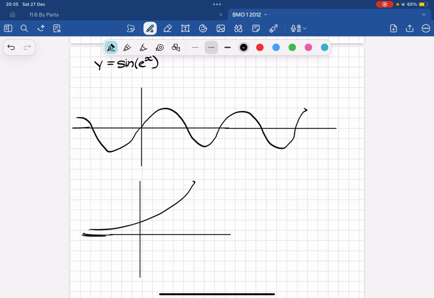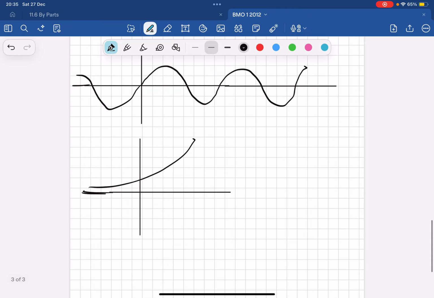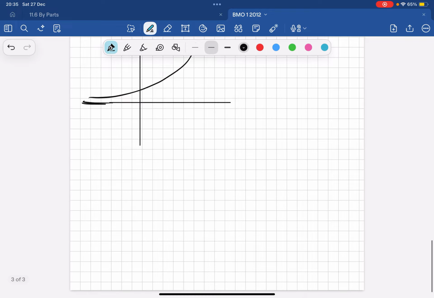Well, sine again can take any input. So since it's taking the range of e to the x, that works out, and sine's range is between -1 and 1. So we know our graph must be bounded by that.